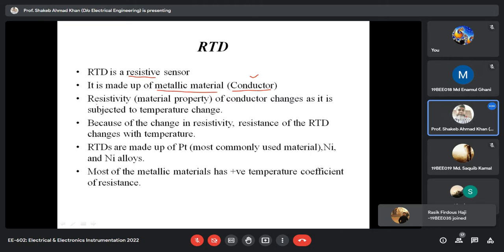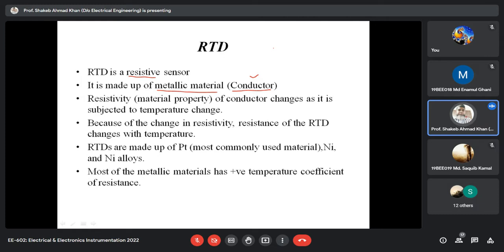Okay, I'll come to that. Then in this case, you must have already studied everything about the strain gauge. In case of strain gauge, the change in resistance is because of the change in dimension of the strain gauge element, and because of the change in resistivity due to piezoresistive effect.